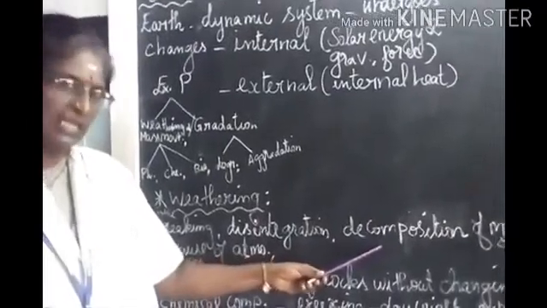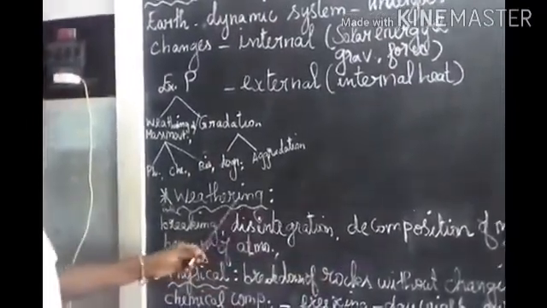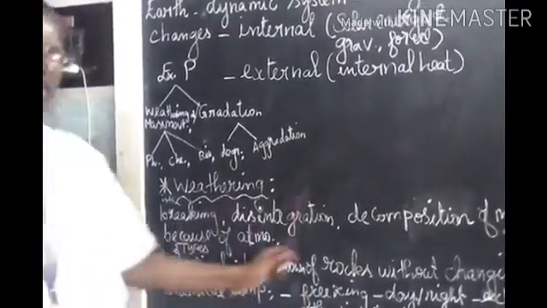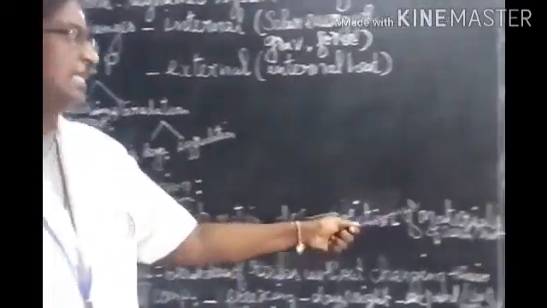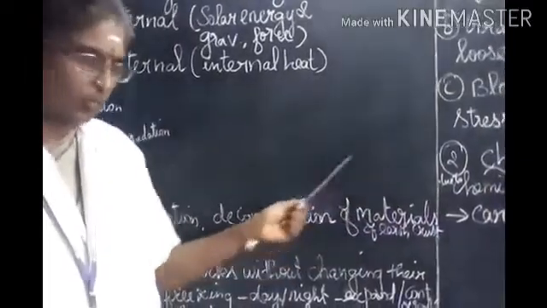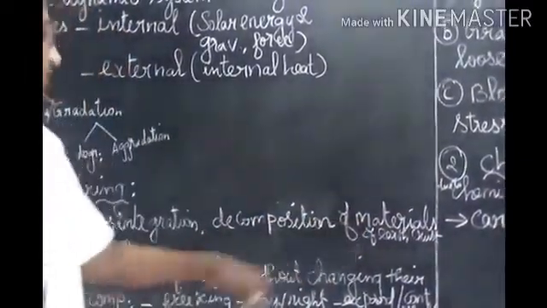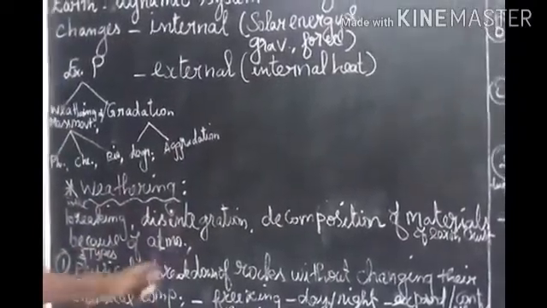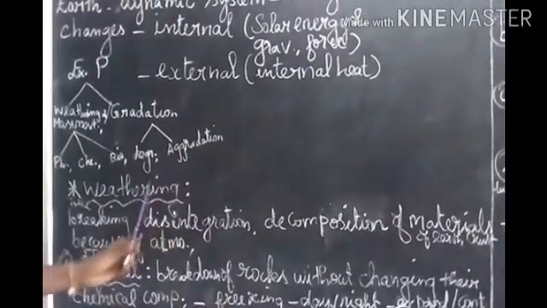Decomposition, which is a decayed one. So weathering is the breaking, disintegration and decomposition of whatever materials are found on the earth crust, due to the atmospheric condition.